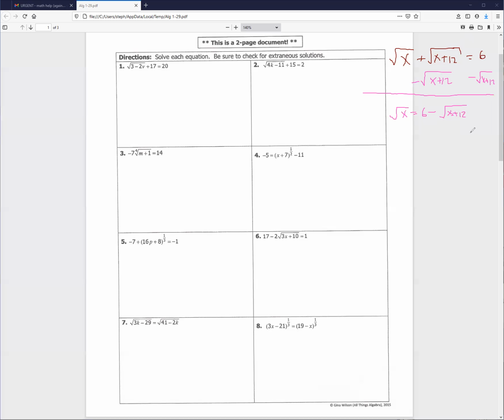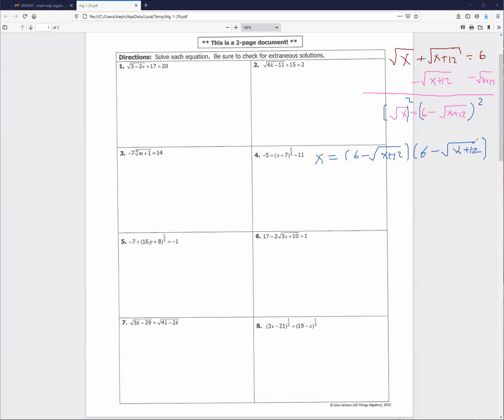Now, we still have to square both sides, and that still means we're going to have to do FOIL. But it's actually a little bit nicer this time. So the left side of this is just x, right? x equals, but we've got to do 6 minus square root of x plus 12 times 6 minus the square root of x plus 12.